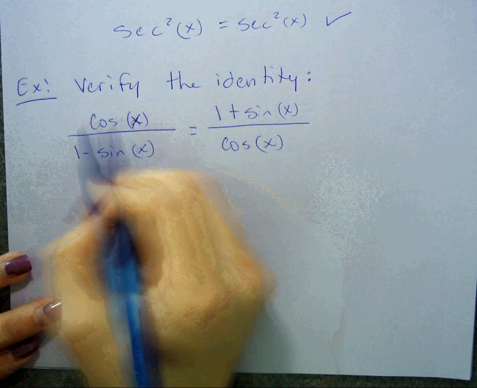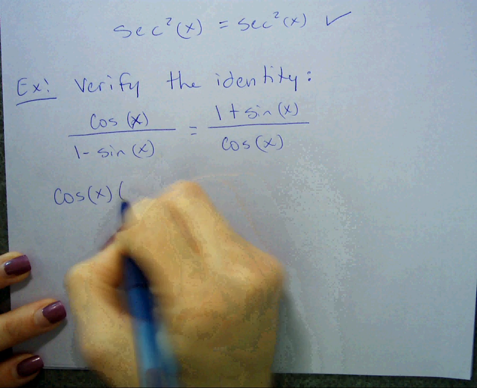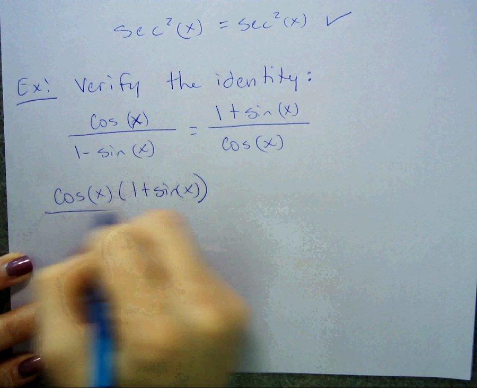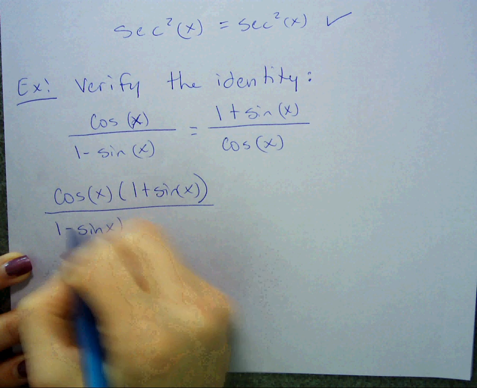So I'm going to take this left side, and I'm going to multiply the top times 1 plus sine of x, and I'm going to multiply the bottom times 1 plus sine of x.